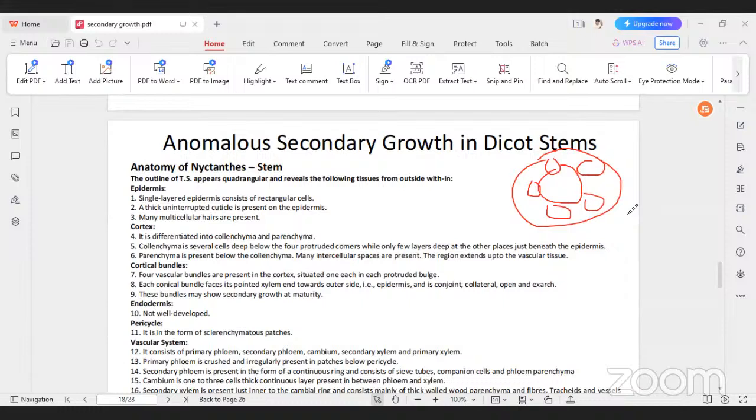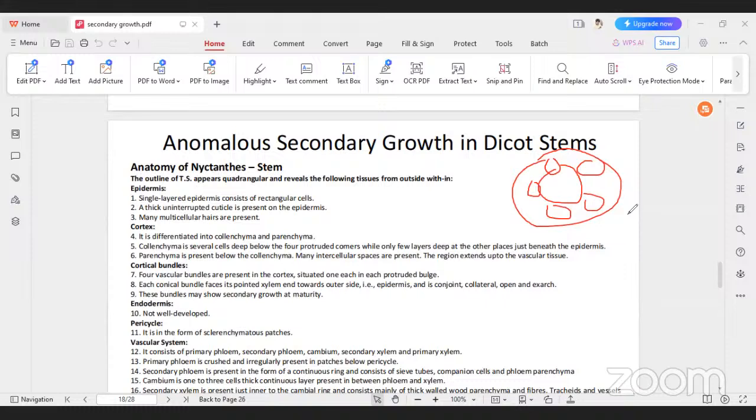But the anomalous character is presence of bundles in the medulla, and presence of bundles in the cortex. In a normal way, vascular bundles are not present in the cortex. Hello, my voice is clear, right? Yes, sir.